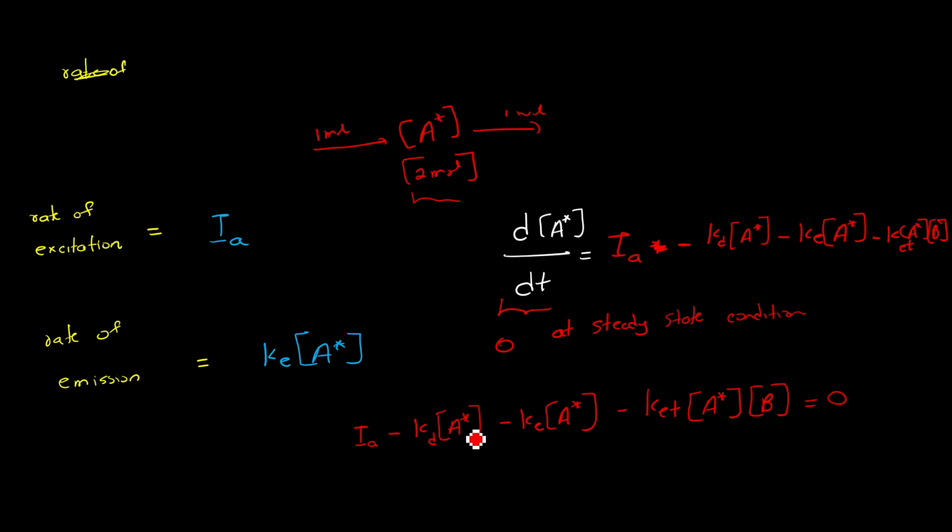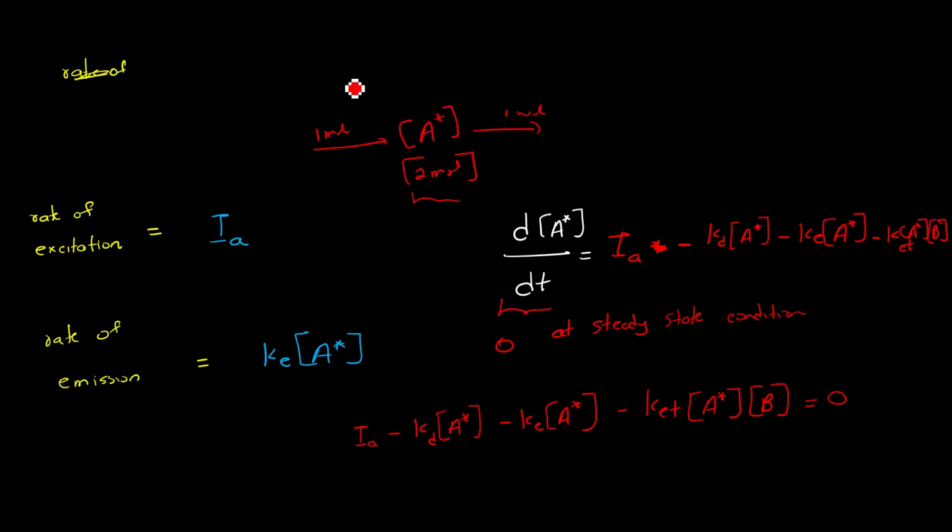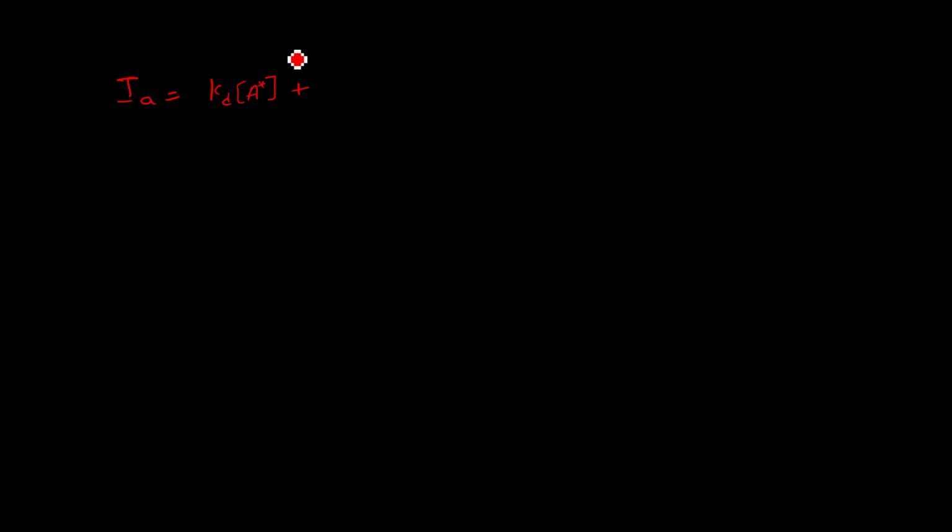Let's rearrange the terms. IA equals KD A star, plus KE A star, plus KET A star B.